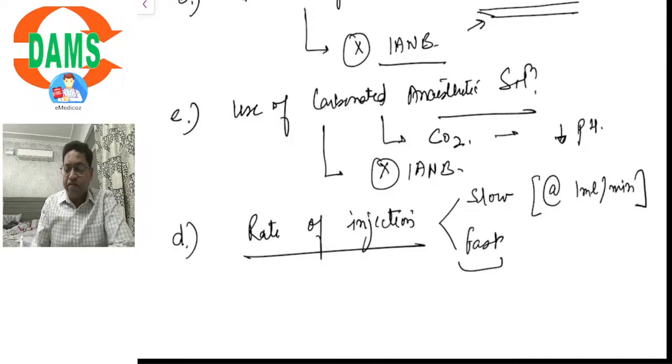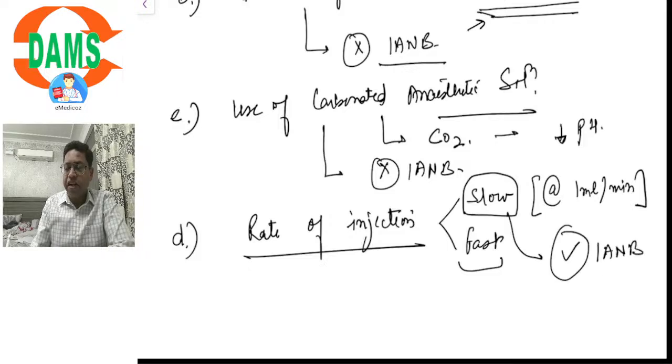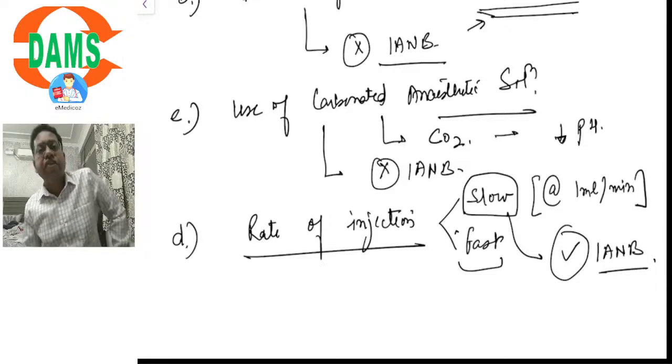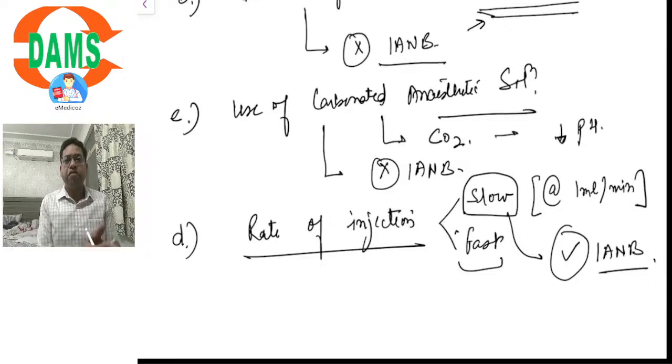Of these factors, a slow rate of anesthetic injection positively increases the success rate of inferior alveolar nerve block as compared to the fast. So during administering inferior alveolar nerve block, if we give it slowly, there are more chances that IANB would be successful as compared to when administering it fast.